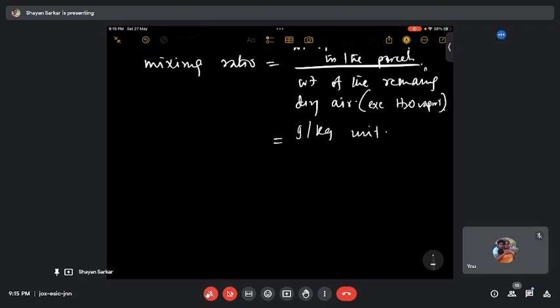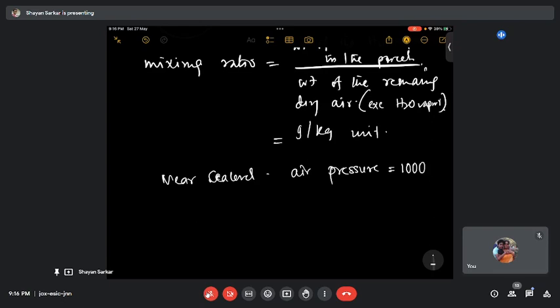Suppose at or near sea level, air pressure becomes 1000 millibar, correct?